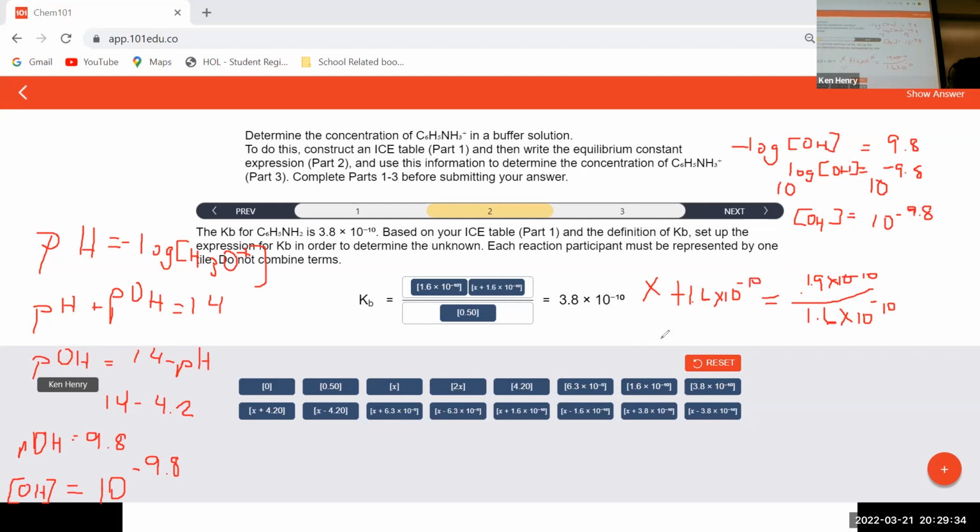So that I get x is going to equal 9 divided by 1.6 minus 1.6 times 10 to the minus 10.